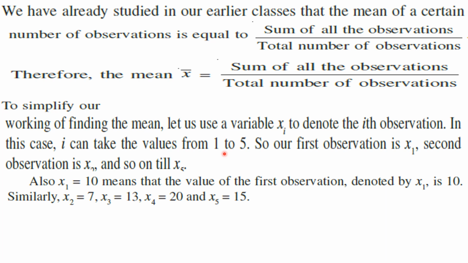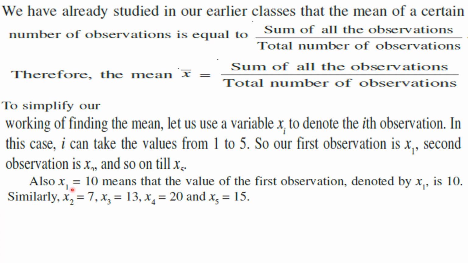Our first observation is denoted by x1, second observation is denoted by x2, and so on till x5. Understood this point, my children? The third observation is denoted by x3, and so on.